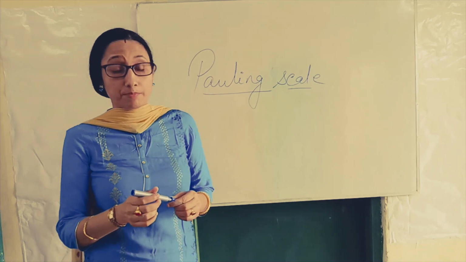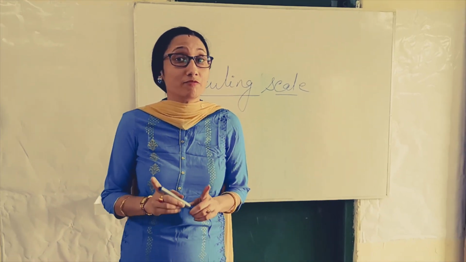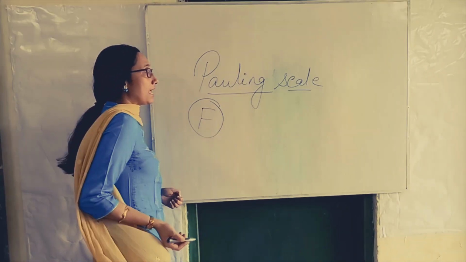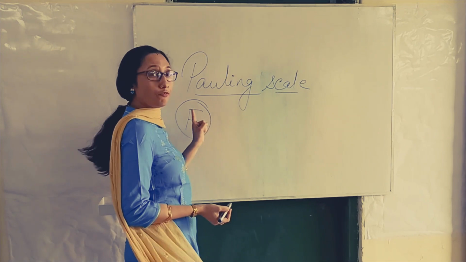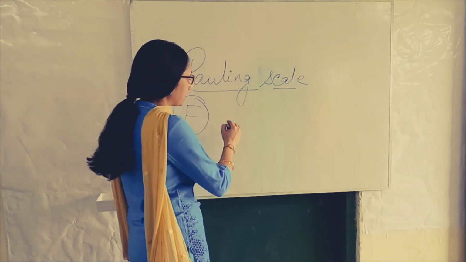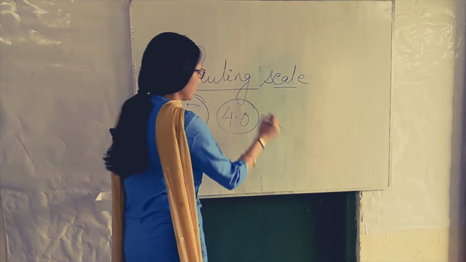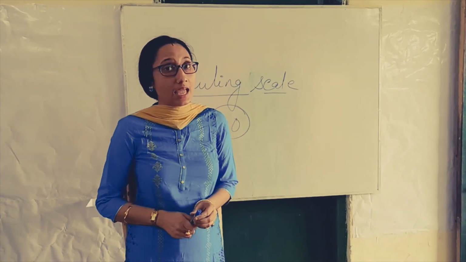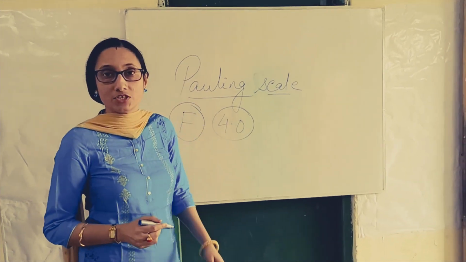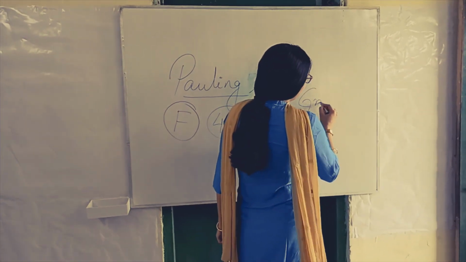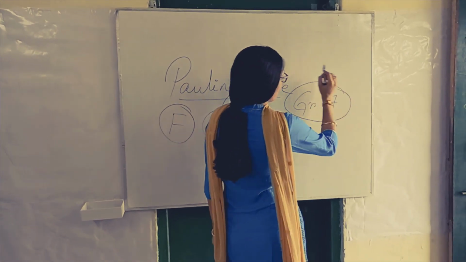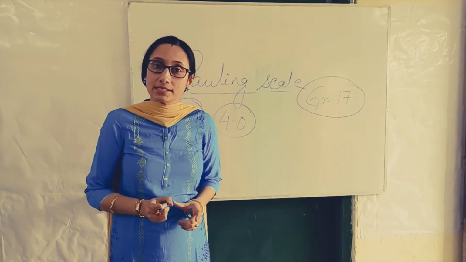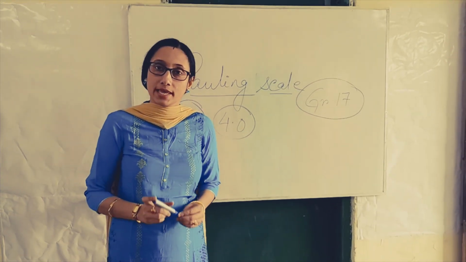Which element in the periodic table has maximum value of electronegativity? It is none other than fluorine. And the value of electronegativity of fluorine according to Pauling scale is 4.0. Now if you were asked which group in the periodic table has maximum value of electronegativity, it is group 17. So group 17 is the group in the periodic table which has maximum value of electronegativity.